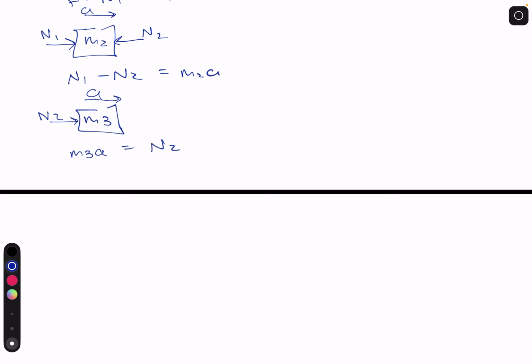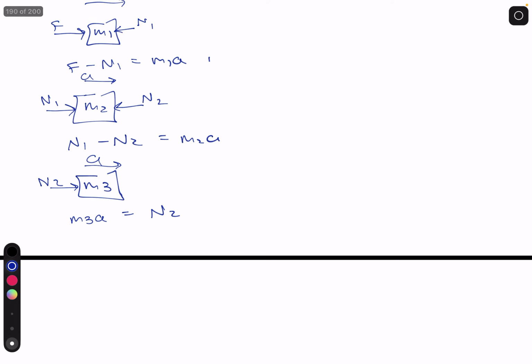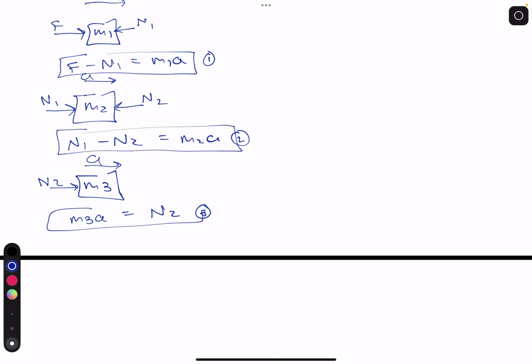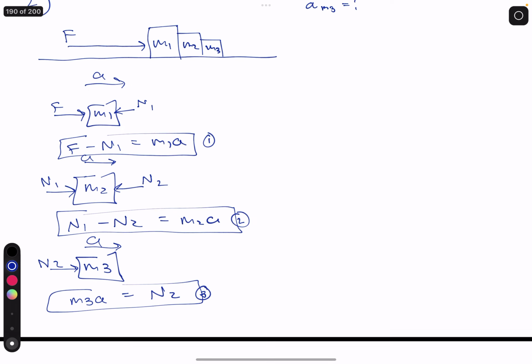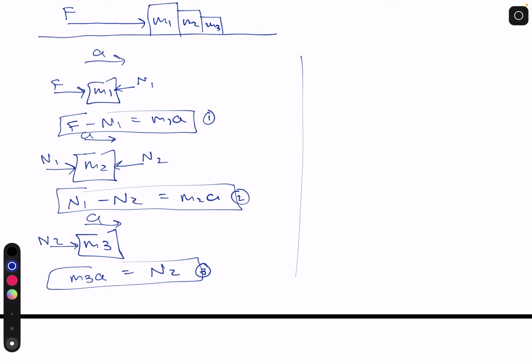Now, can we see something in this? From these 3 equations right here, do you think that we can substitute the values? Well, of course we can. Over here, if we bring this to this side, then N2 is equal to N1 minus M2A.